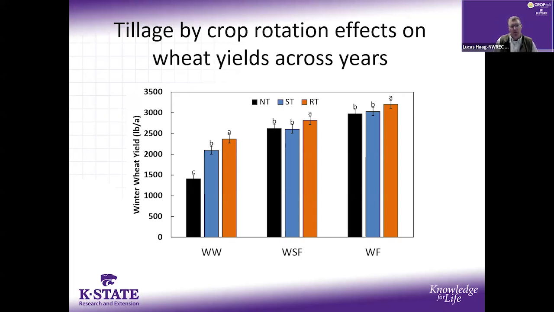But if we look at the wheat-sorghum-fallow rotation, really no difference in wheat yields between the no-till and the strategic till. We are picking up a little bit of a bump in wheat yields in that reduced-till treatment. But again, some years reduced-till wheat is competitive, depending upon the scenario we're putting that wheat into. Wheat is our most challenging crop to get to perform in a continuous no-till system.